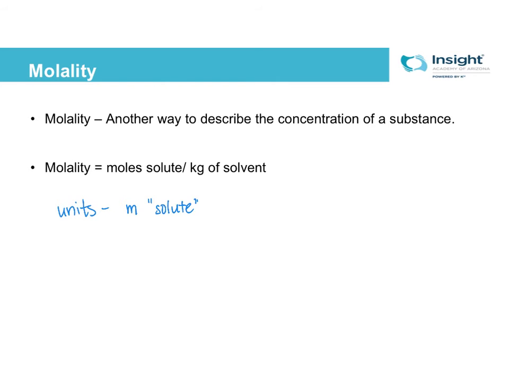So just something to keep track of is we've got molarity, which is moles per volume. Molality is moles per kilogram, or mass. Actually, instead of volume, I'm going to put liter so that we remember that it's supposed to be liters.